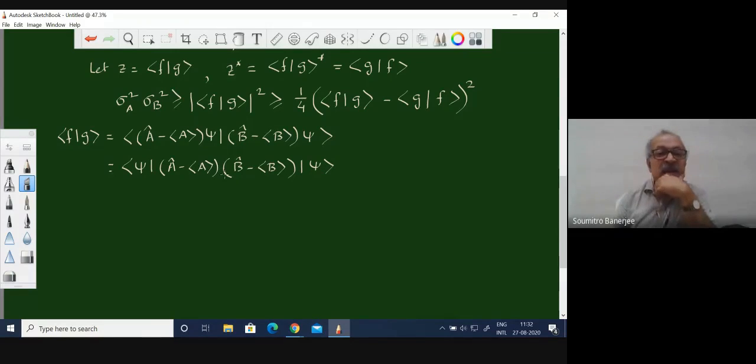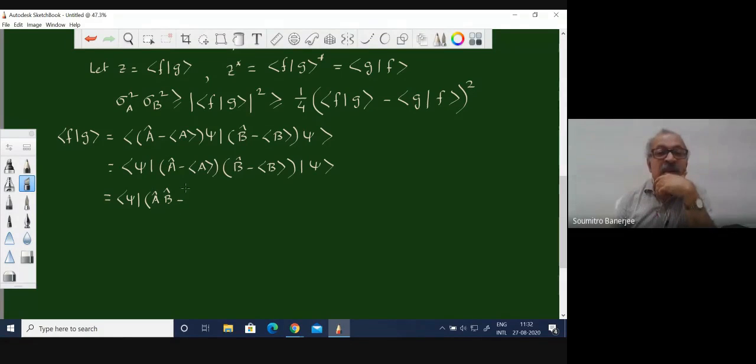Now let us expand this, A, B. So first it will be A operator, B operator. I have to be very careful about the order because there's no reason to assume that they commute.